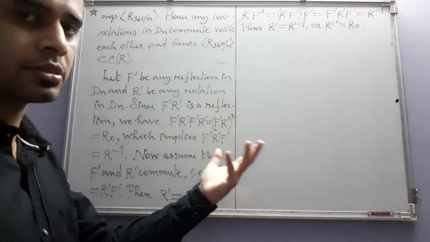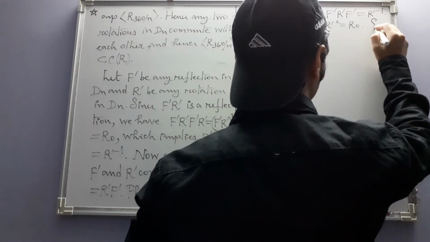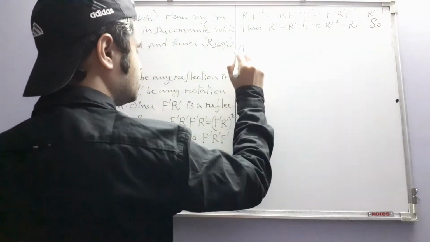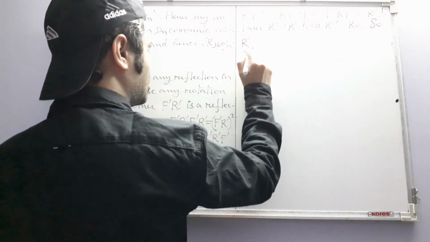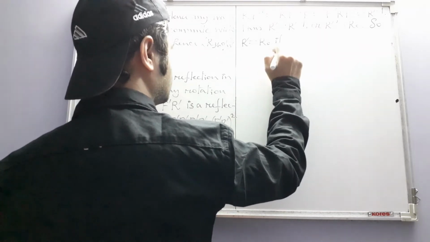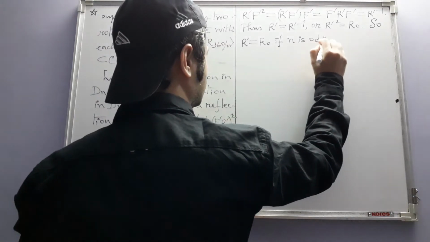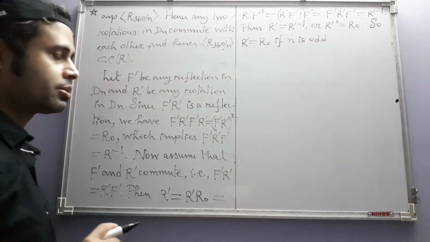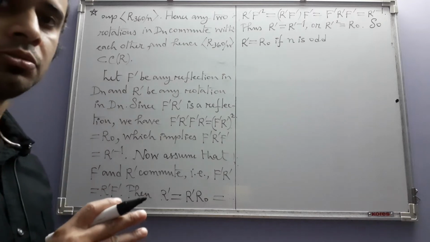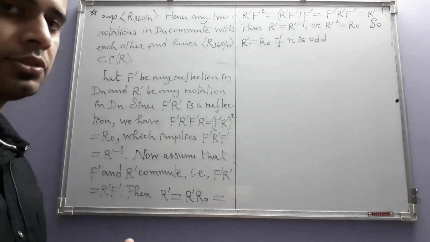In fact, let us just write that. So R prime is equal to R naught if n is odd. If n is odd, there is only one rotation whose square is the identity, that is the identity itself, R naught.